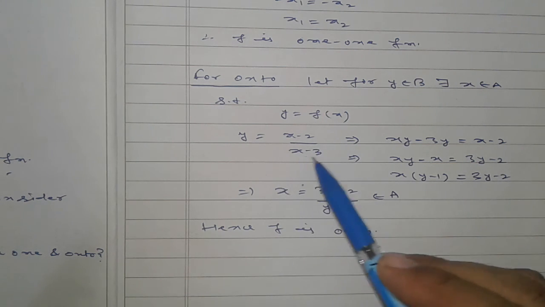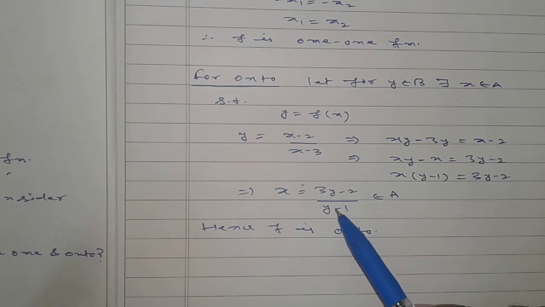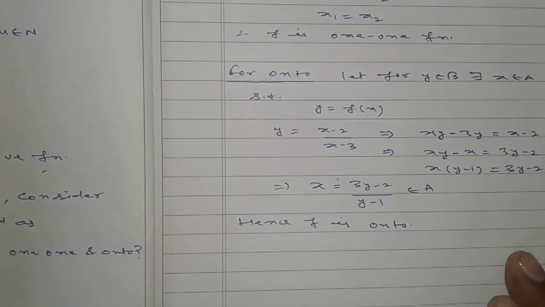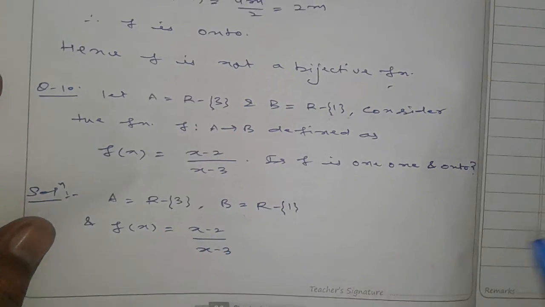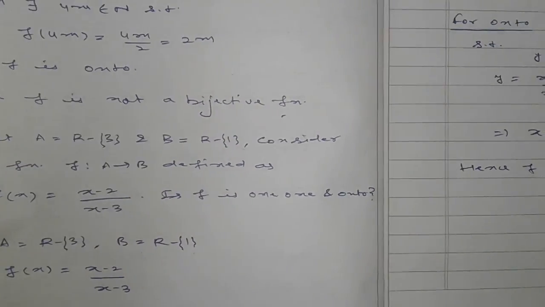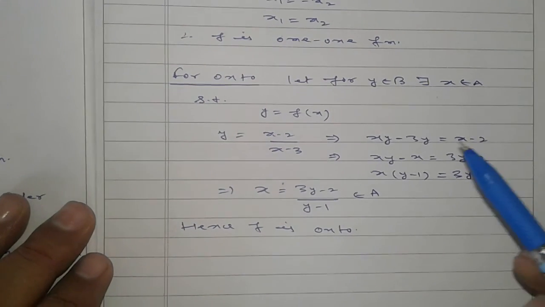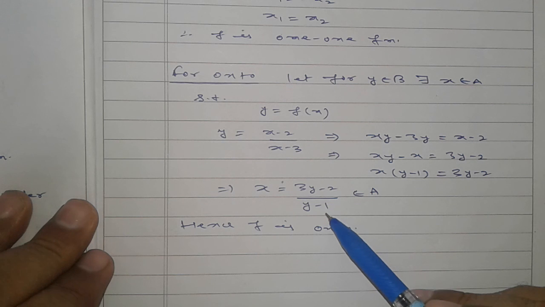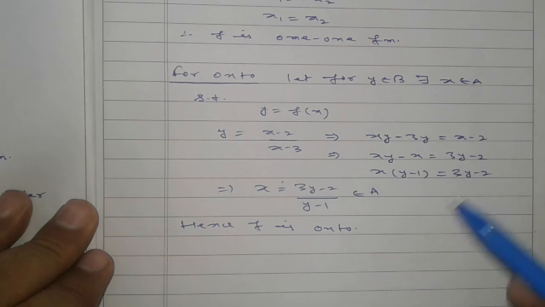After calculating and writing x in terms of y, we check that it is the same form as the function given: x is (3y minus 2) over (y minus 1), which again belongs to A. So f is onto.